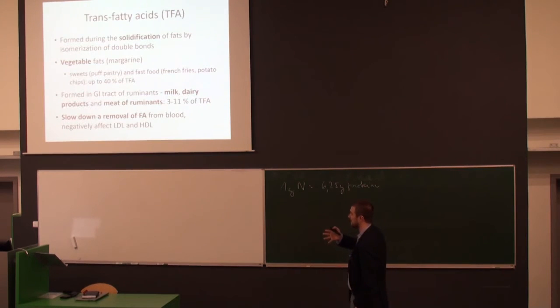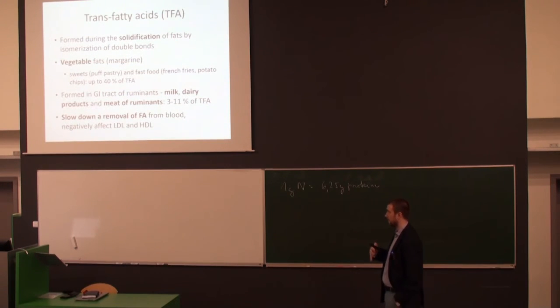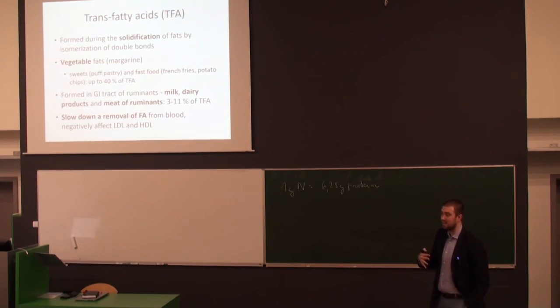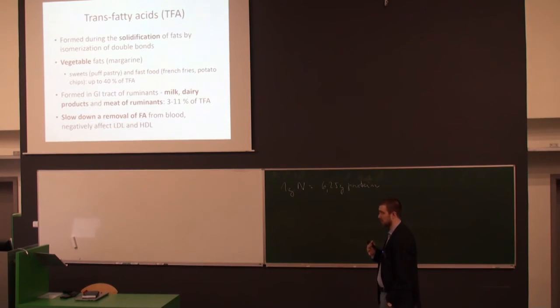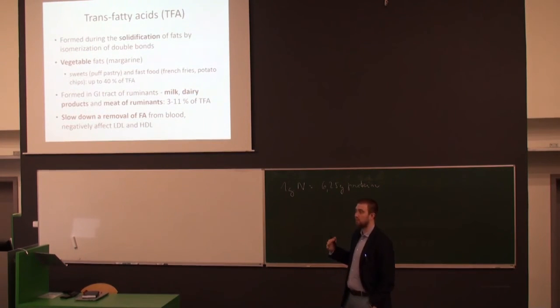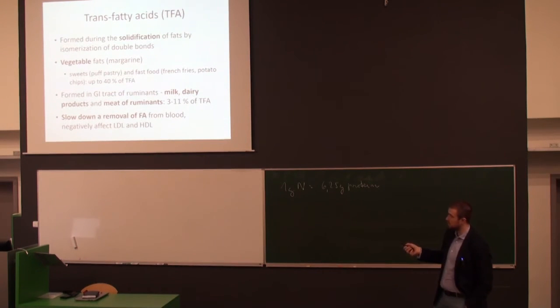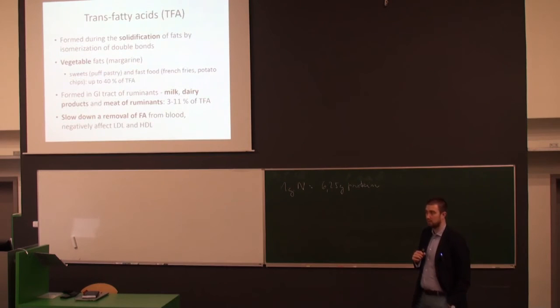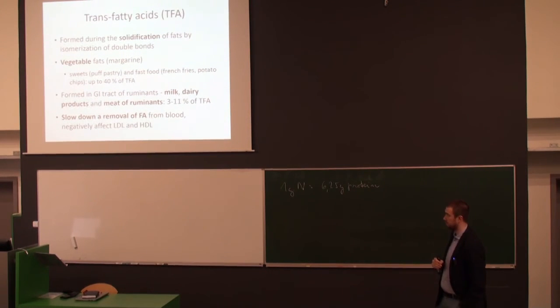And the problem is that these trans double bonds are much worse metabolized in our body, and we can say that you have very slow removal of these fatty acids from your metabolism. And they have a very bad effect on your body metabolism. So it means that they worsen your lipid profile, since they are only very slowly removed from the metabolism.